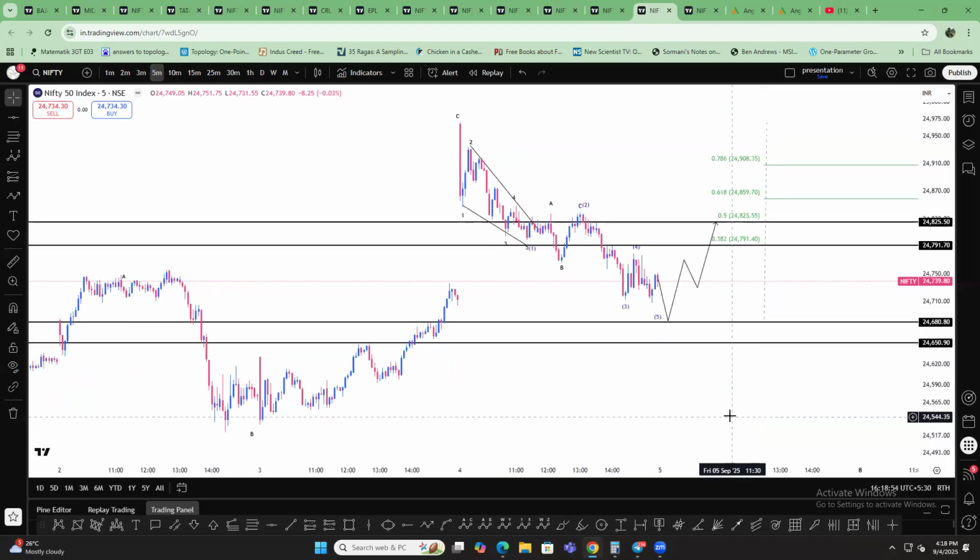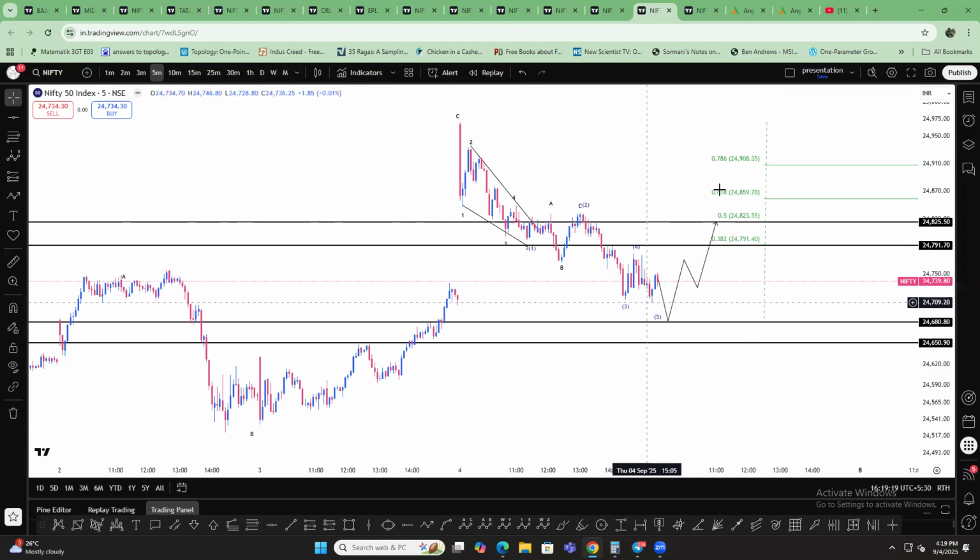And for the bullish scenario, price must hold this zone and break out this level in a speedy manner. Because we are expecting 1, 2, 1, 2, this will be the bigger third wave, and the nature of the bigger third is very fast.